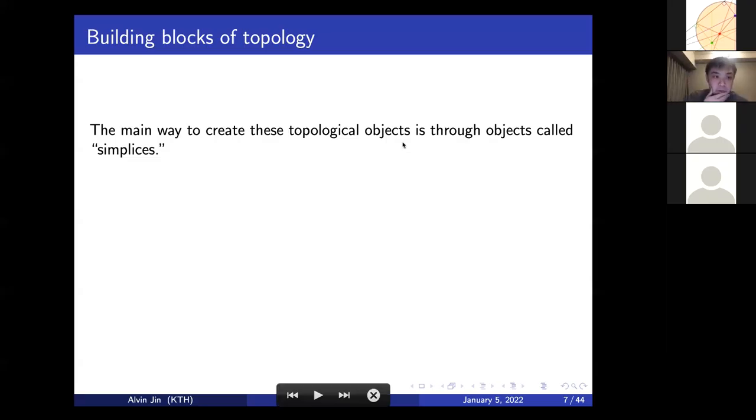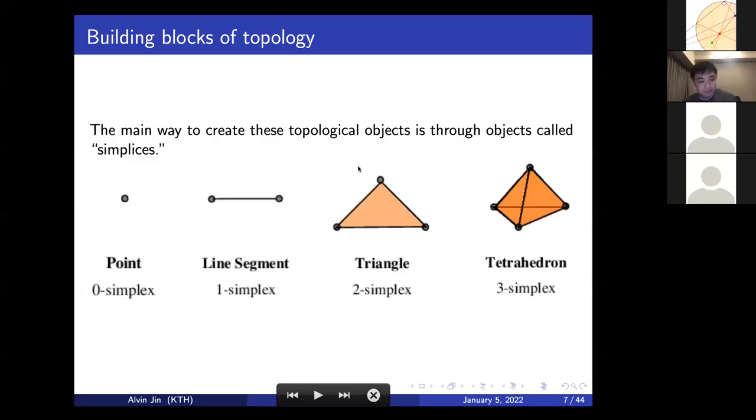So basically, how do you make all these shapes? Well, you make them through kind of generalized triangles. What do I mean by that? I mean that I can create most of my topological spaces through a combination of gluing points, line segments, triangles, tetrahedrons, and so on, gluing them together, and then deforming, stretching, or compressing things, and that'll get me my shape.